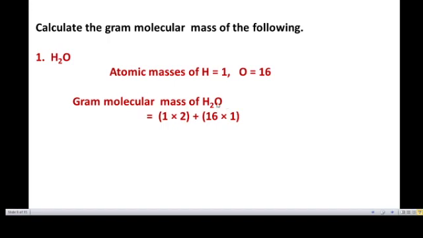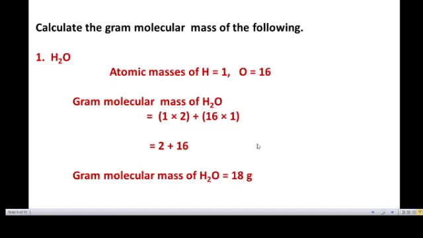The mass of an oxygen atom is 16, and only 1 oxygen atom, so 16 into 1 is equal to 16. So 1 into 2, 2, plus 16 into 1, 16. 2 plus 16 is equal to 18 gram. So the gram molecular mass of H2O is 18 gram.